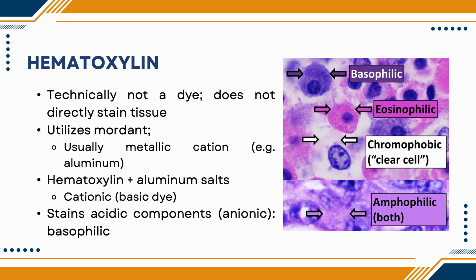Ano ba yung meron sa nucleus natin? Nucleic acid. So, because it is nucleic acid, it is acidic, which will then have affinity to basic and cationic dyes. Therefore, the nucleus and nucleic acid are basophilic because they are acidic components which take up cationic and basic dyes such as hematoxylin.